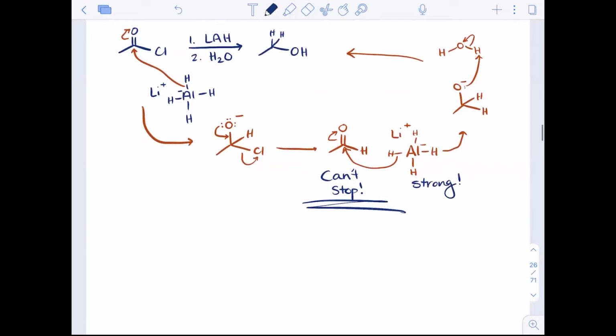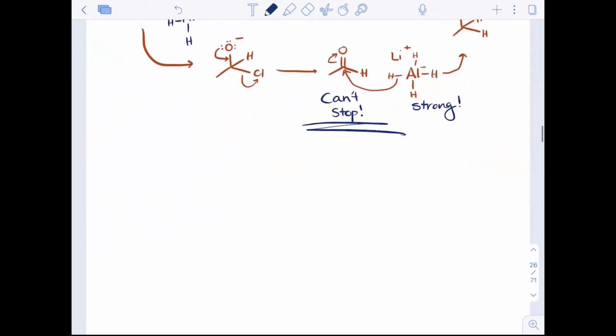If you wanted to use a weaker reducing agent to stop at the aldehyde, the best choice is going to be lithium tri-tert-butoxy aluminum hydride. That is a mouthful. It is a lithium aluminum hydride reagent with simply 3 oxygen ether groups and 1 hydrogen.